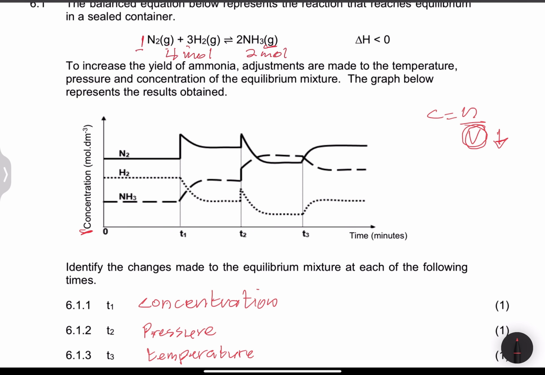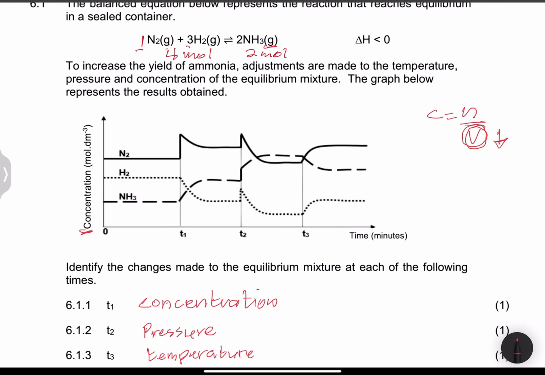An increase in the volume will favor the side with the greater amount of moles, or volume, of gases, because the gas is trying to fill up as much of the container as possible. So when we increase the volume, we favor the side with more moles of gas.